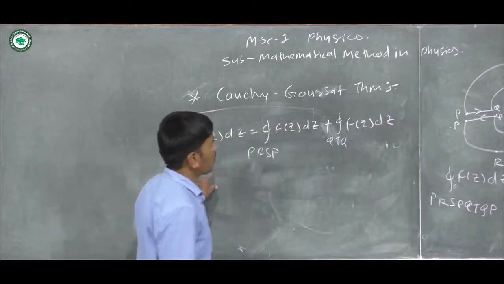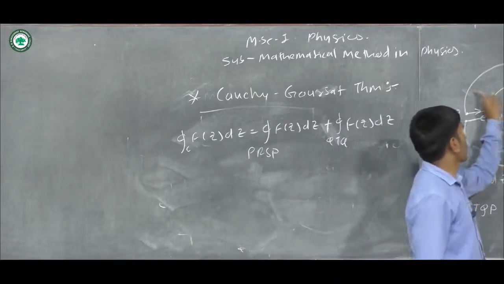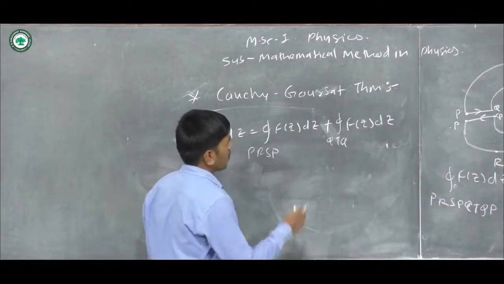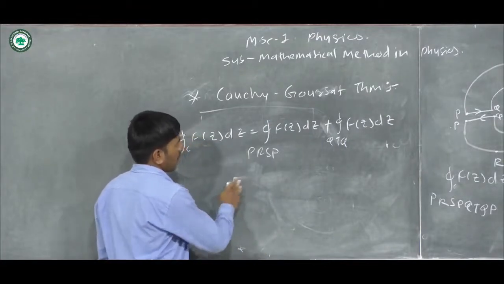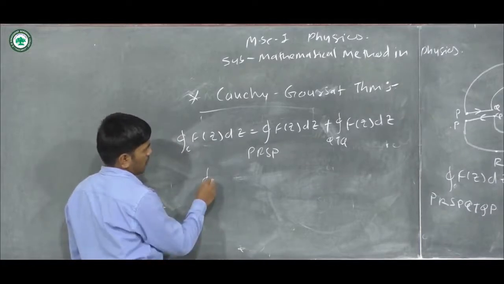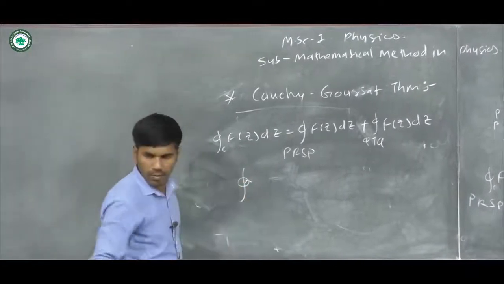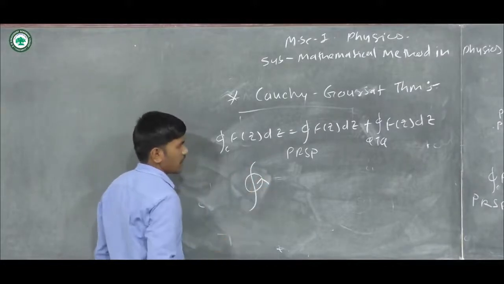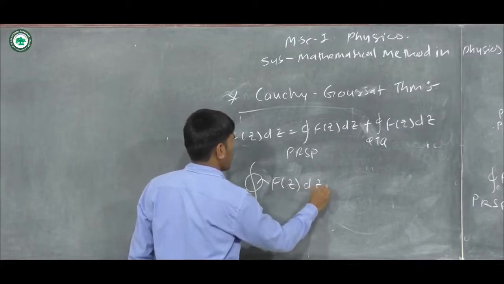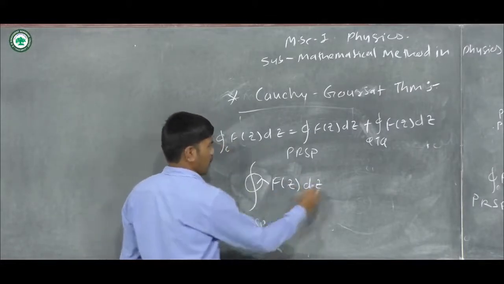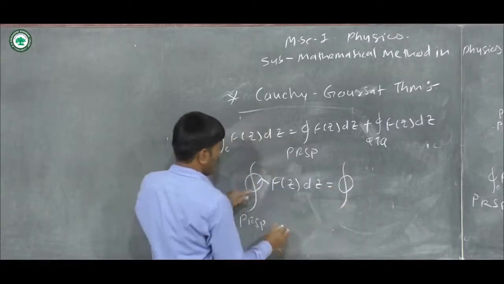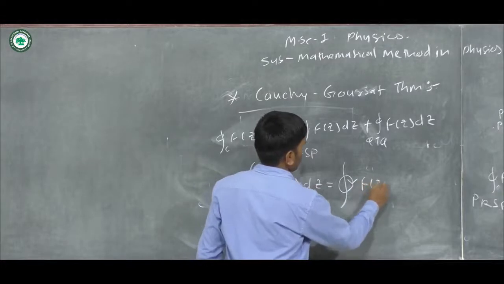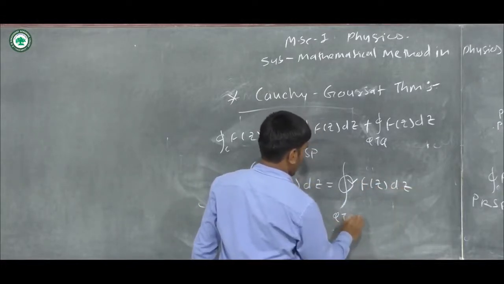This is the first expression for C1, and the second is the expression for C2. For these closed integrals, the directions are such that the integral over P R S P is equal to the closed integral of f of z dz over Q T Q with the opposite direction.